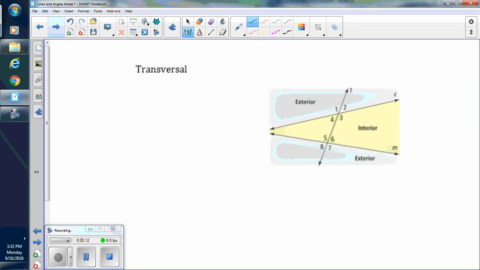Now, we're going to come to a situation where we have more than two lines intersecting. We have something called a transversal. A transversal is a line that intersects two or more lines.